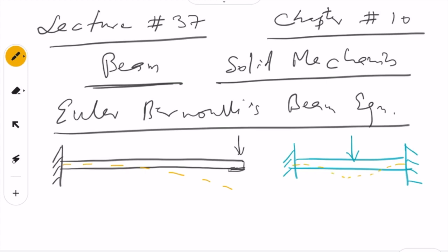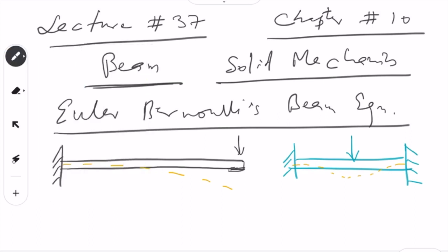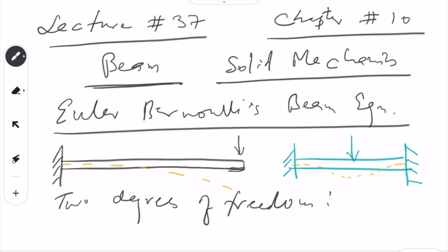So this is a beam, which basically has 2 degrees of freedom, as you can see. That really means that at any point it has two things.